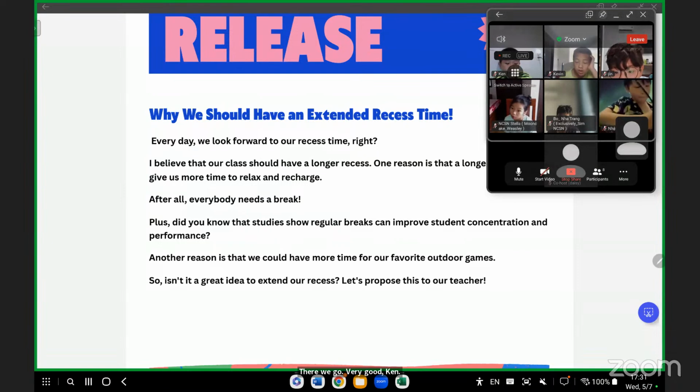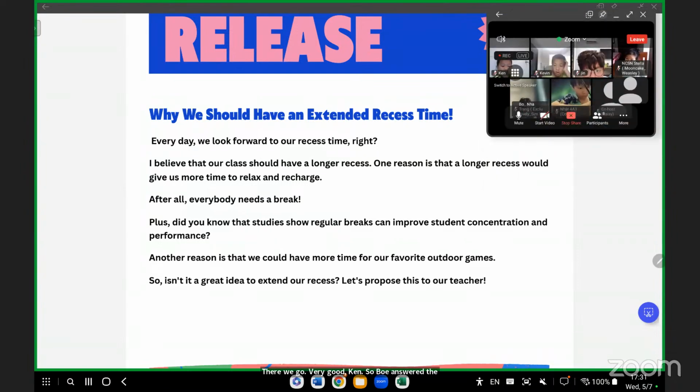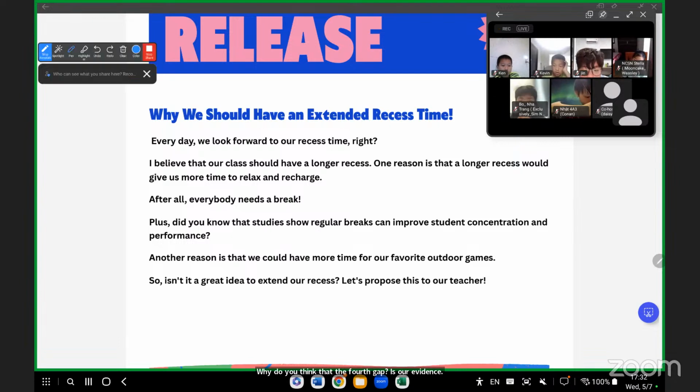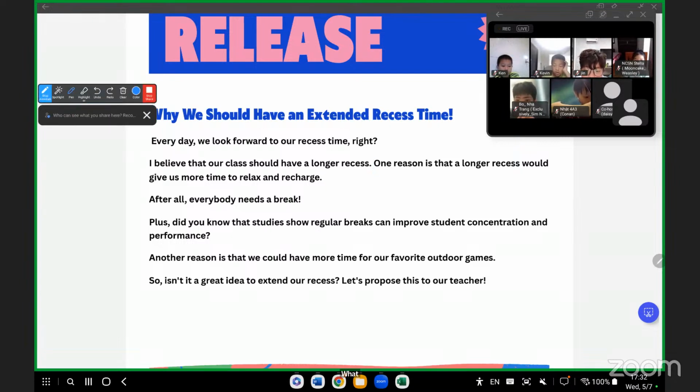So I'll ask this question to Bo. Why do you think that the fourth paragraph is our evidence? What about this fourth paragraph makes you think that it's evidence?